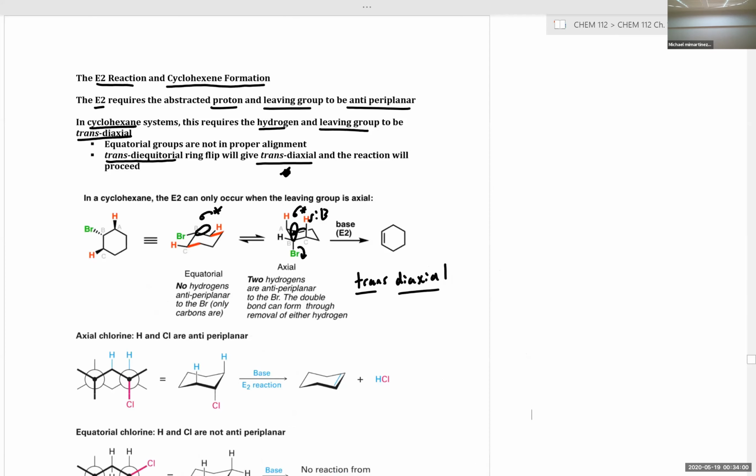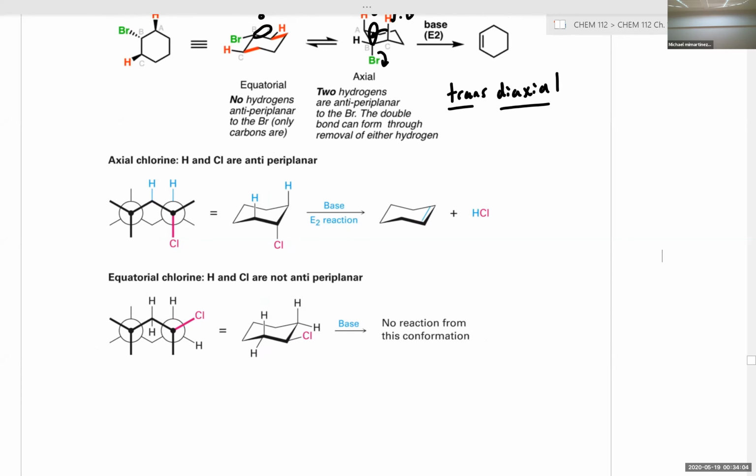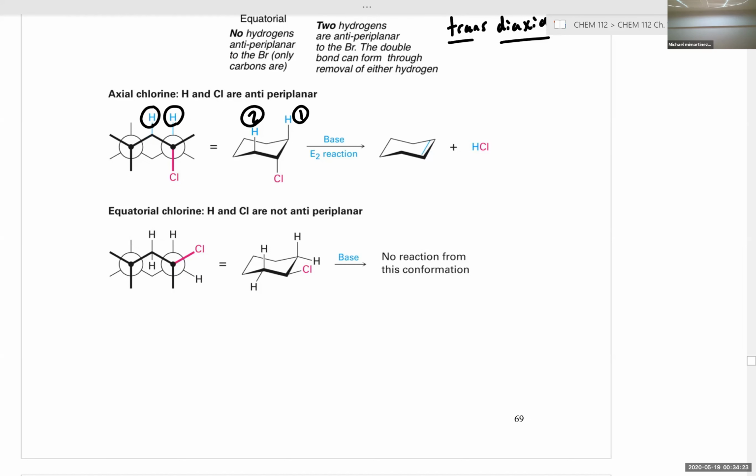So let's look and see. If we have, for example, an axial chlorine, we have two hydrogens that are anti-periplanar. So we could potentially eliminate using hydrogen 1 or hydrogen 2. For our equatorial chlorine, there's no reaction from this conformation.